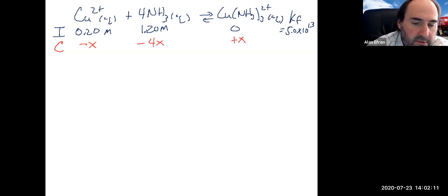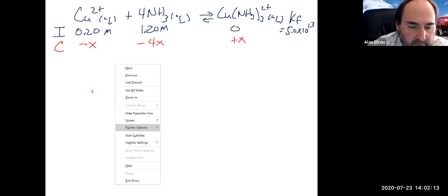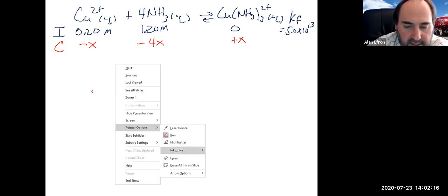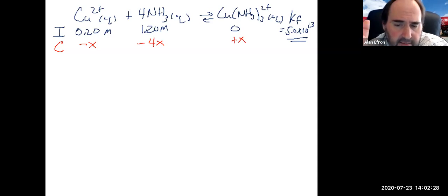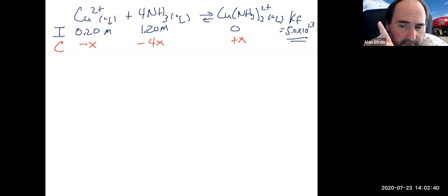Okay. So something a little bit different when we take the complex ion approach here is based off of the K value, we have 5 times 10 to the 13. I won't venture to tell you how big that number is, but that is a very big number. If you think about what we consider a large value of K, which is anything above 1, 5 times 10 to the 13 is definitely way above 1.